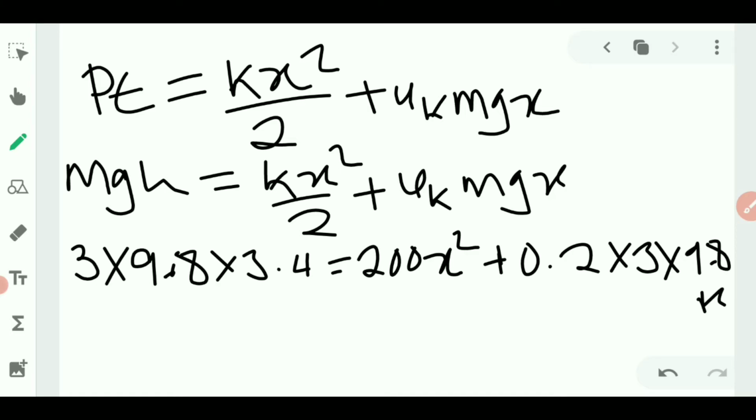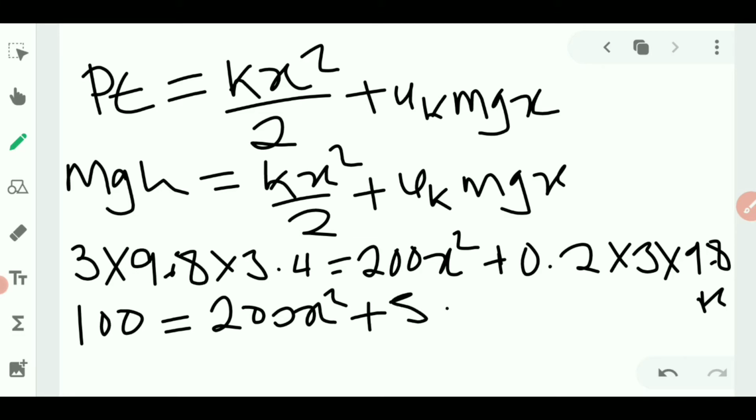On this other side of the equation, you should get this value. And on the other side of the equation, we should have our 200x squared plus 5.88x.